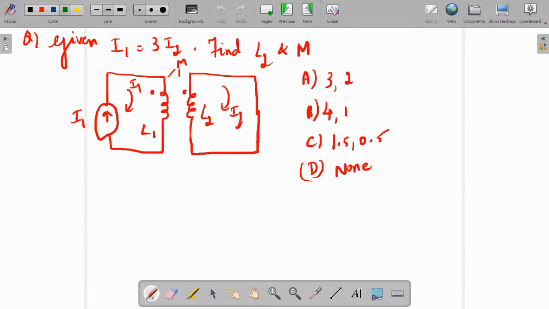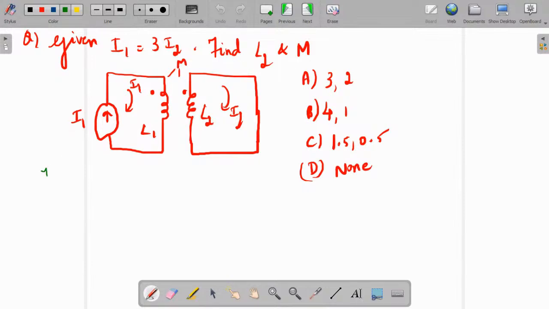Given I1 is equal to 3 times I2, find the other inductance L2, L1 வந்து value L1 கொடுக்கல, okay, L2 and mutual inductance. Yes. So again loop 2 க்கு mesh analysis எழுதுனேனா first question மாதிரி தான் இதுவுமே.